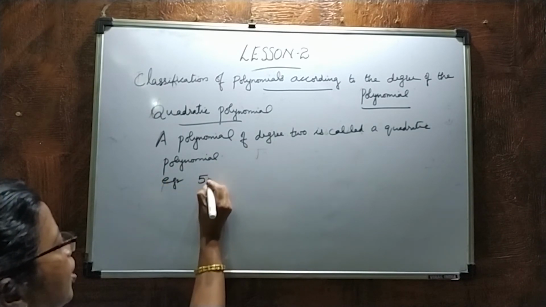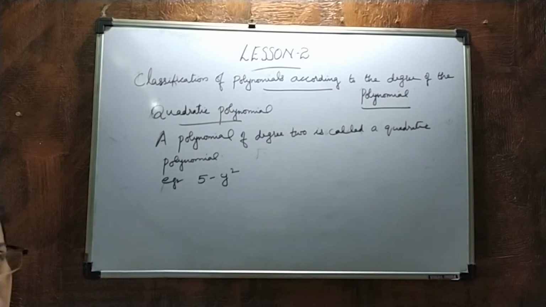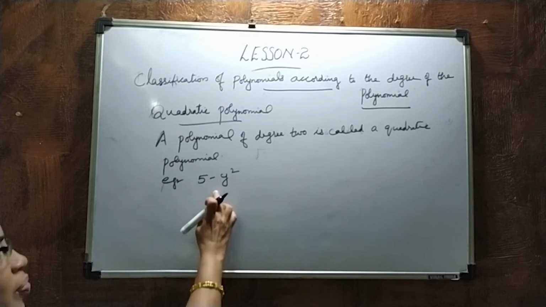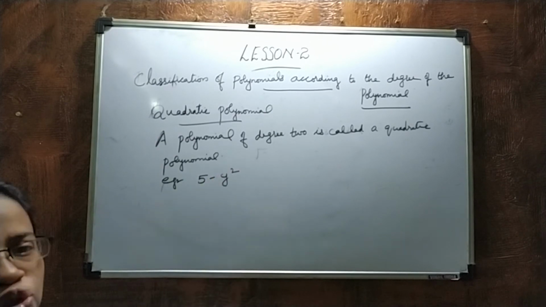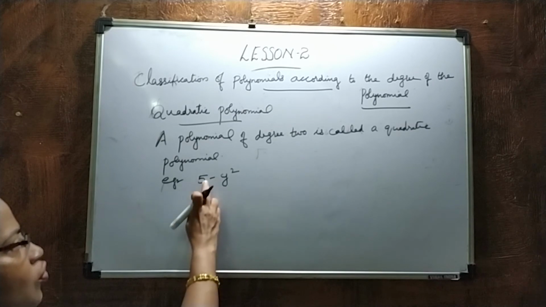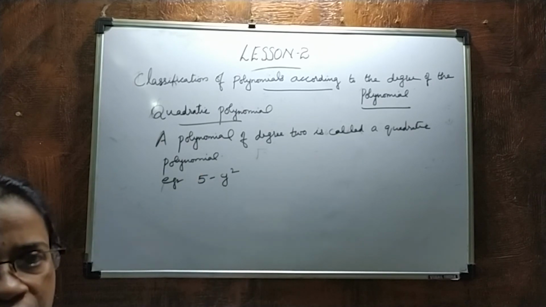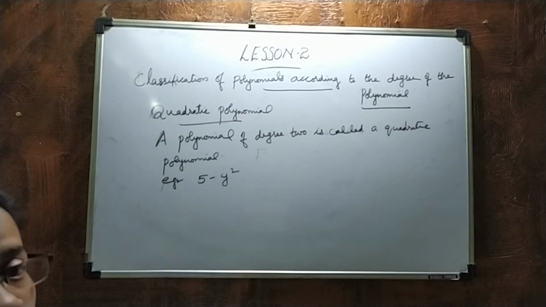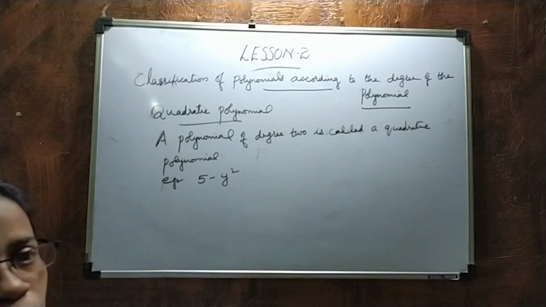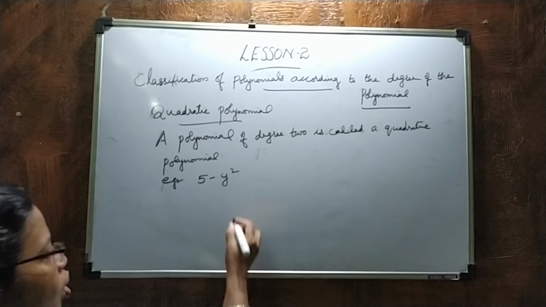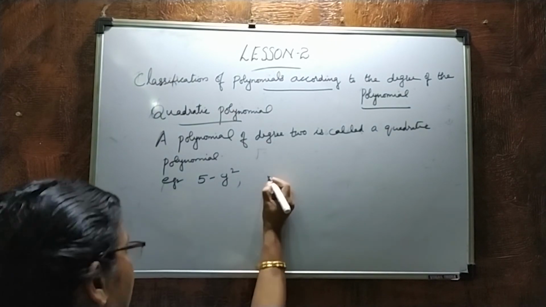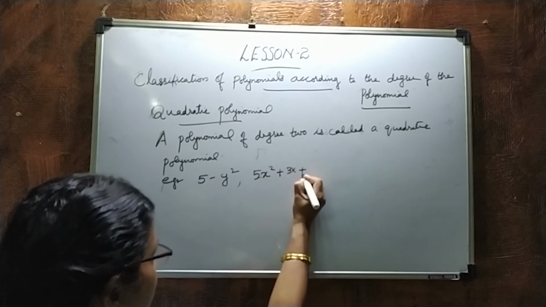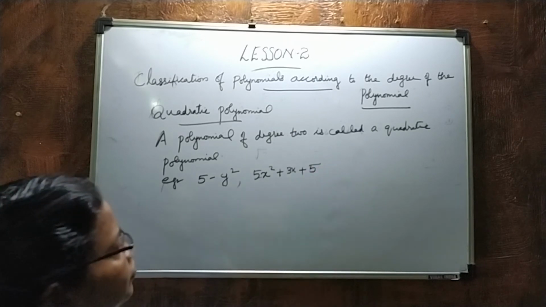Example: 5 minus y square. Just look, here minus y square, the variable is y and the exponent is 2. And y raised to 0 is there. And 2 is the highest degree of this polynomial. So it is called a quadratic polynomial. And then 5x square plus 3x plus 5.